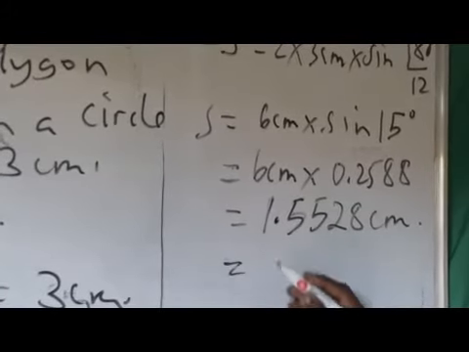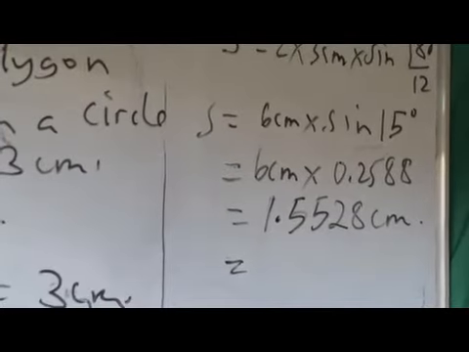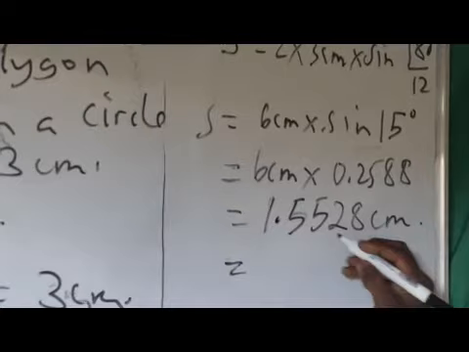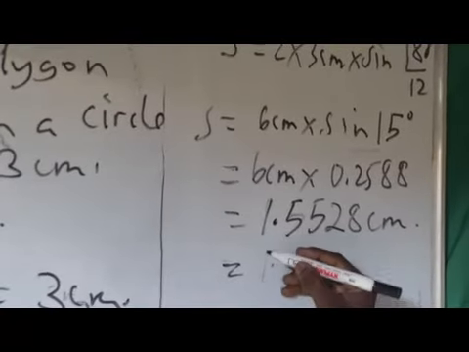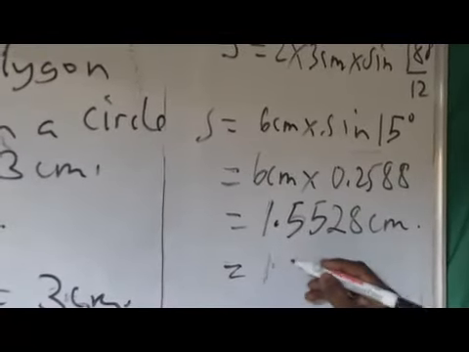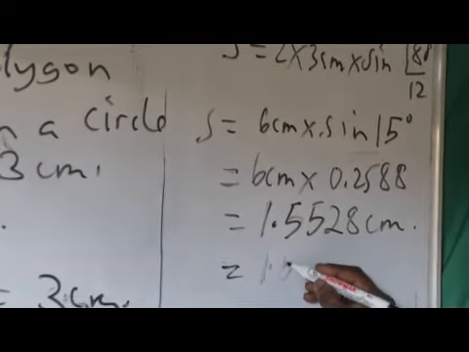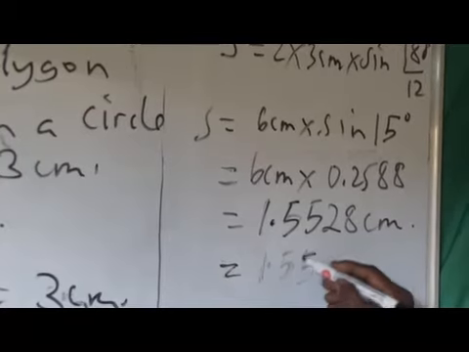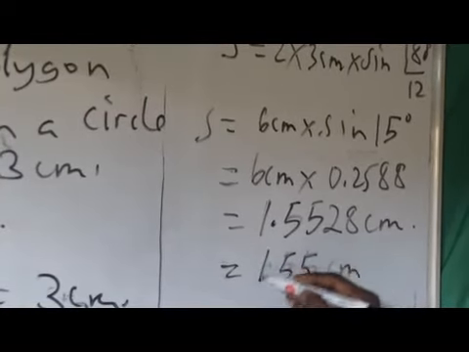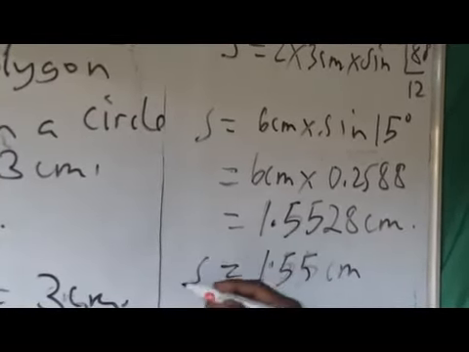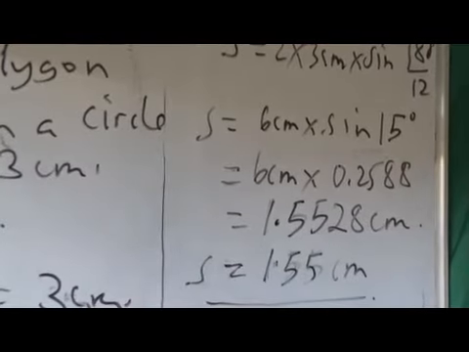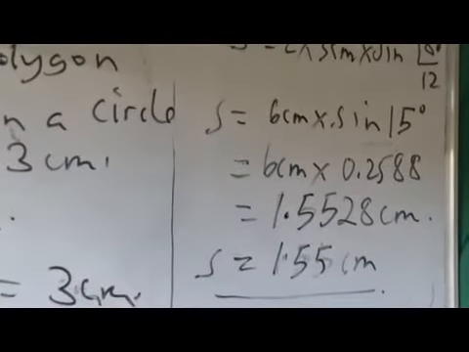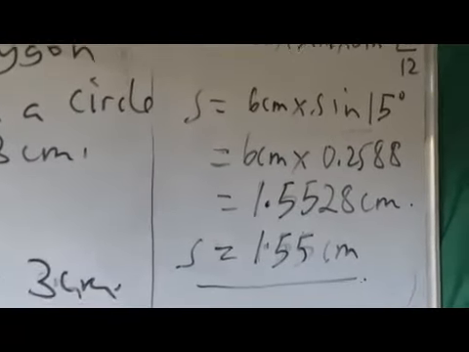What you need here is to approximate to 2 decimal places to make these numbers a little bit simpler. So approximate, and we'll get 1.55 centimeter. So this is the length of a side of the regular 12-sided polygon.